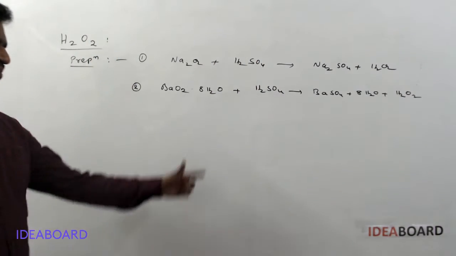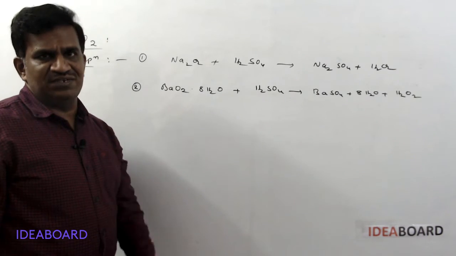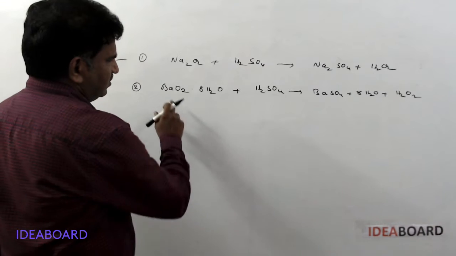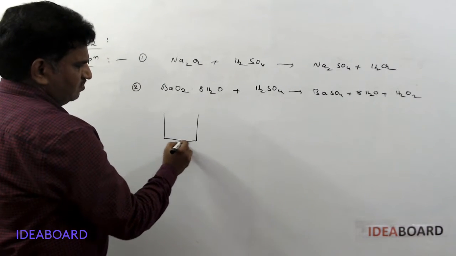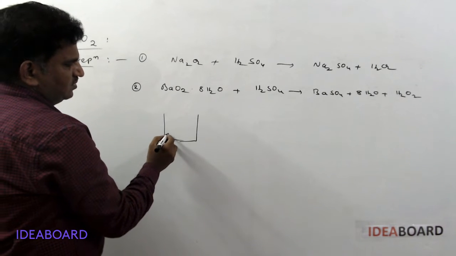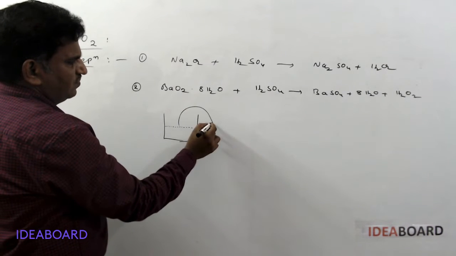Why are we taking barium peroxide octahydrate or hydrated barium peroxide? If you are taking anhydrous barium peroxide, this is reacting with sulfuric acid. Suppose I am taking barium peroxide here and sulfuric acid is present, then they form a layer of barium sulfate.